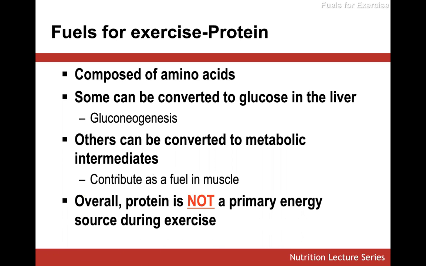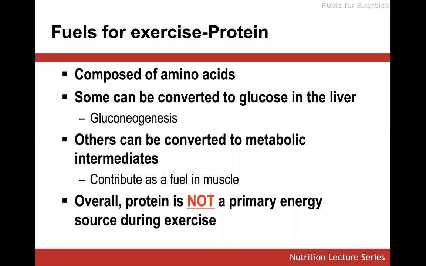But the biggest thing I want you to take out of this is protein is not a primary energy fuel source. If your body is burning protein to create energy, you're not eating properly. Something's wrong. The body is going into a catabolic state. Basically, it's breaking itself down to create energy. This is something we see when someone's trying to cut weight and not eating enough calories or not the right amount of macronutrients.